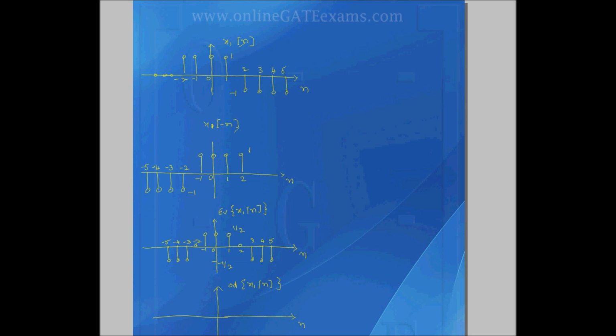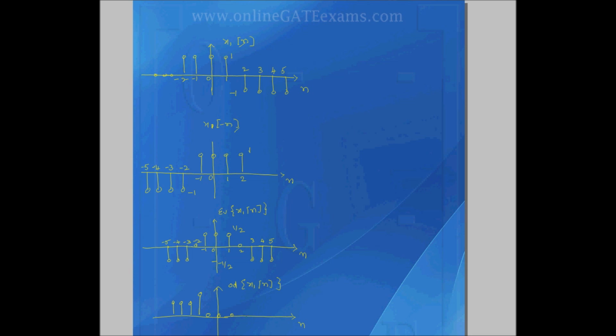Similarly the odd part, how does it look? That minus this, so 0 minus of minus 1 will be plus 1. So how does that look? Okay, so at minus 2 what happens? That is 1, this is minus 1, so 1 minus of minus 1 will be 2, 2 divided by 2 will be 1. Okay, so this is at minus 2. At minus 1 again it will be 0, next at 0 it will be 0, at 1 it will be 0, and at 2 what happens?